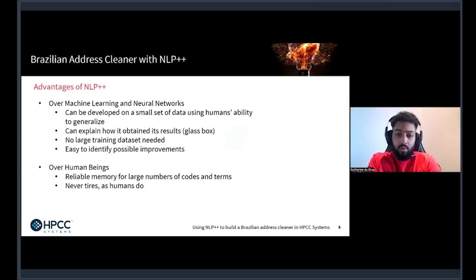There is no need for a large training data set, and it is easy to identify possible improvements in an NLP++ analyzer. And regarding the advantages over a human being, NLP++ has a reliable memory for large numbers of codes and terms and never tires as humans do because it is a computer.